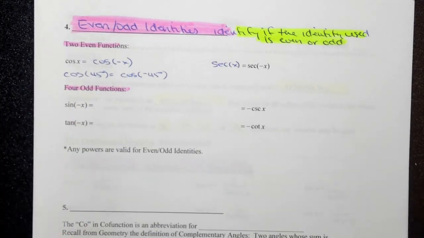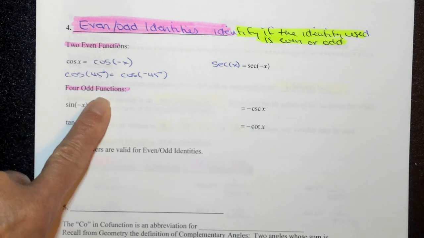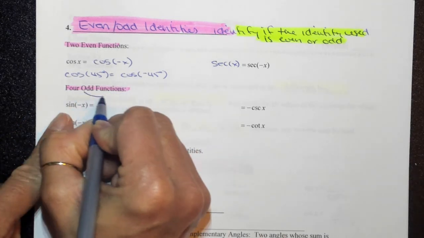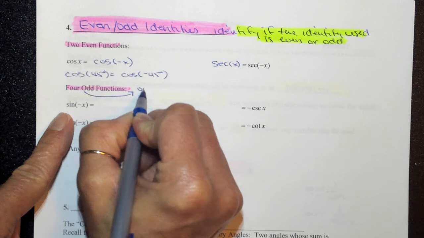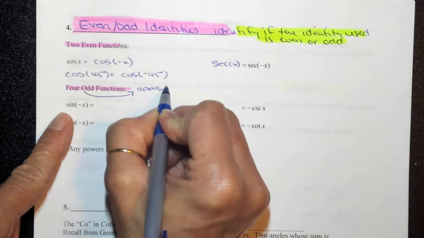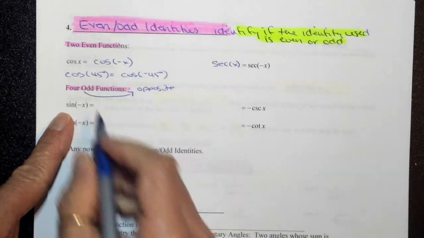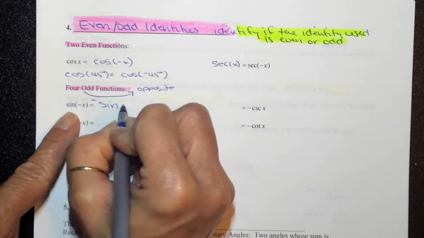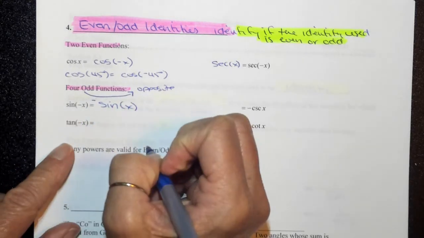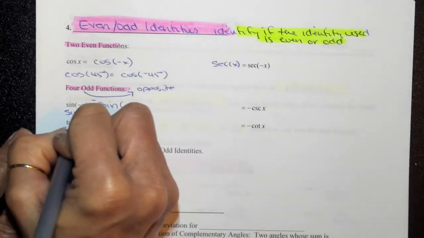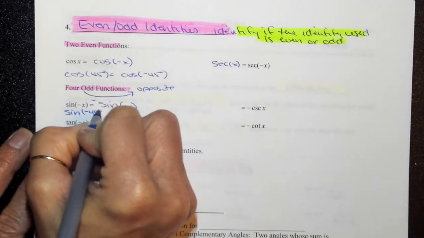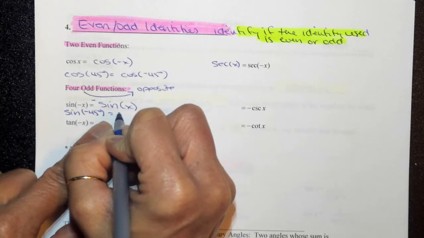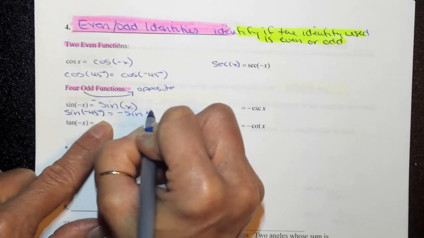We have 4 odd functions, and remember I used odd is opposite. That's how I remember. So the sine of negative x would be the same thing as the negative sine of x. Okay, so if I took the sine of negative 45 degrees, it would be the same thing as the opposite of the sine of 45 degrees.